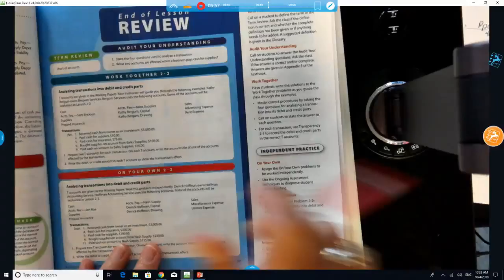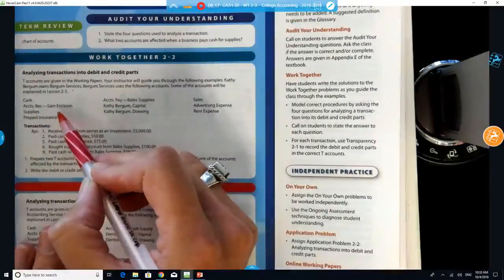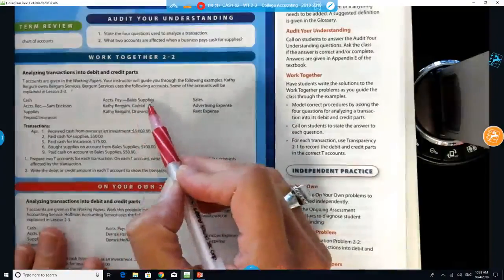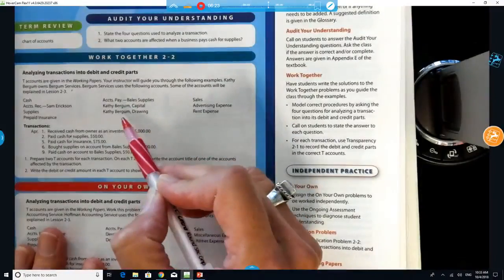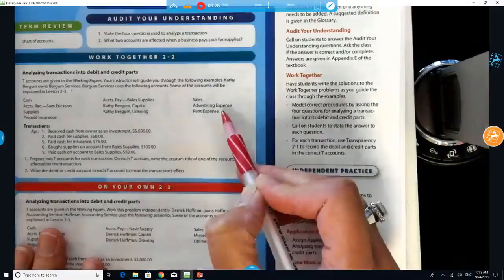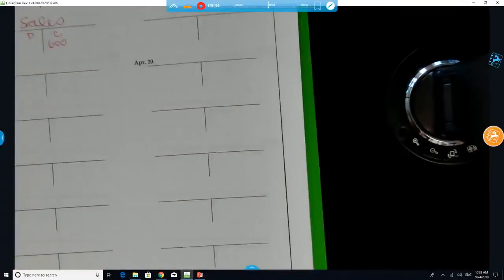If we were trying to figure out what accounts were going to make sense for this transaction, we can look at our accounts. We have cash, accounts receivable, Sam Erickson, supplies, prepaid insurance, accounts payable, Bales Supply, Kathy Burgum Capital, Kathy Burgum Drawing, sales, advertising expense, and rent expense. Those are our accounts.